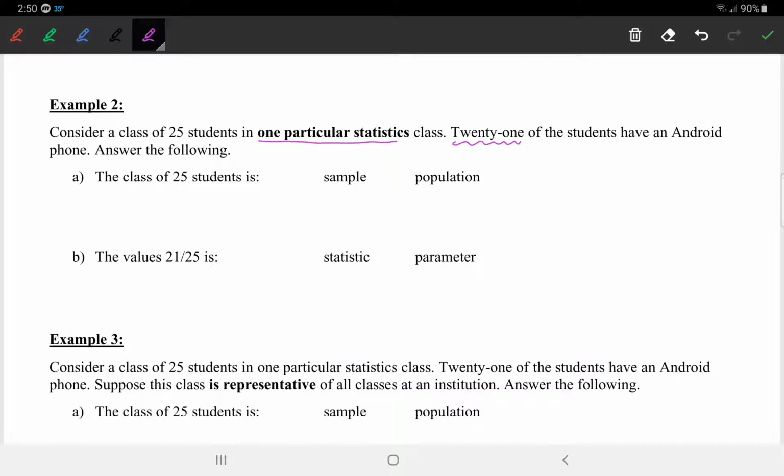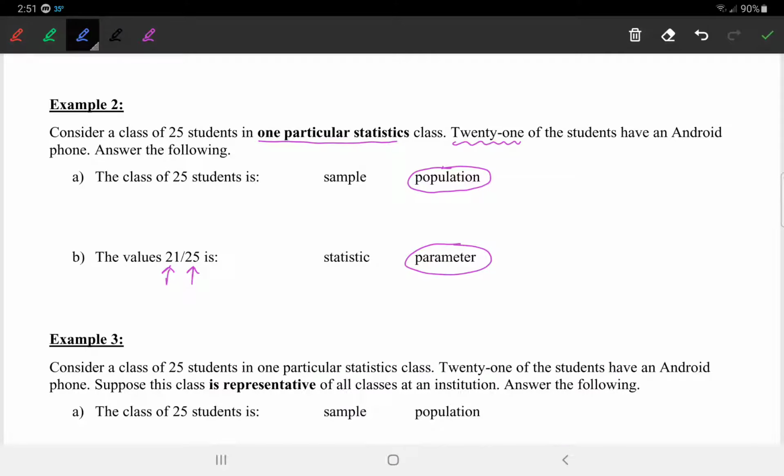In this example, the class of 25 students is actually the population because I have asked only about this single particular statistics class. And this value of 21 of the 25 students having an Android phone represents the entire population, so it is a parameter.